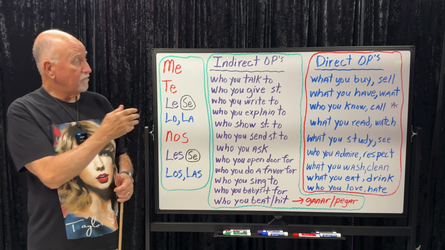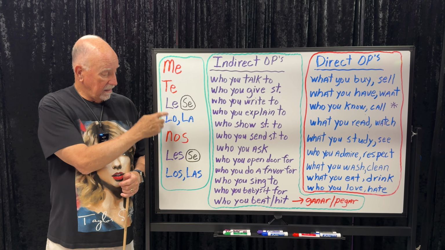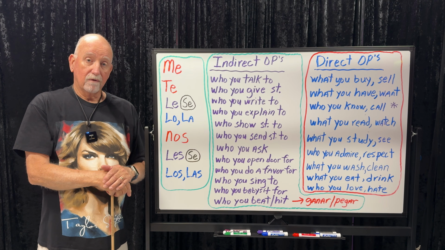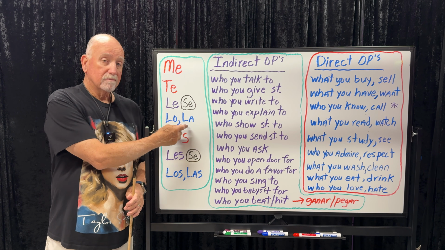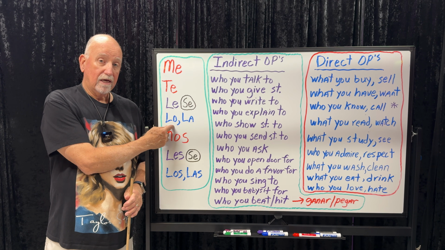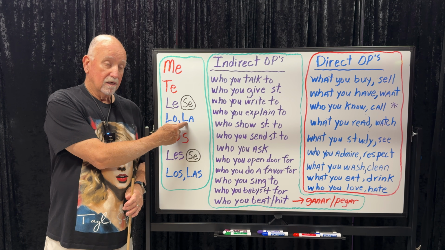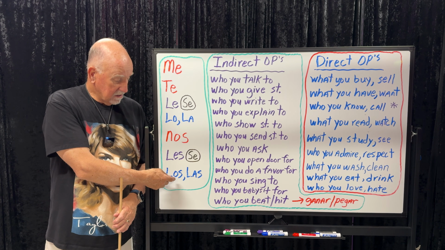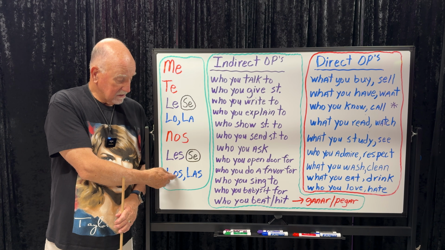Almost every indirect object pronoun, le or les, is going to be referring to a person, right? But when we get to the direct object pronouns, the lo can refer to him, the la to her, but they can also refer to it. Likewise down here, this could be them, all guys or a mixed group.